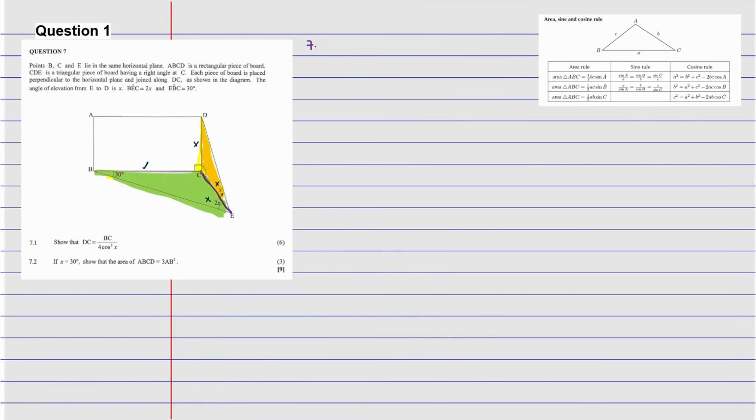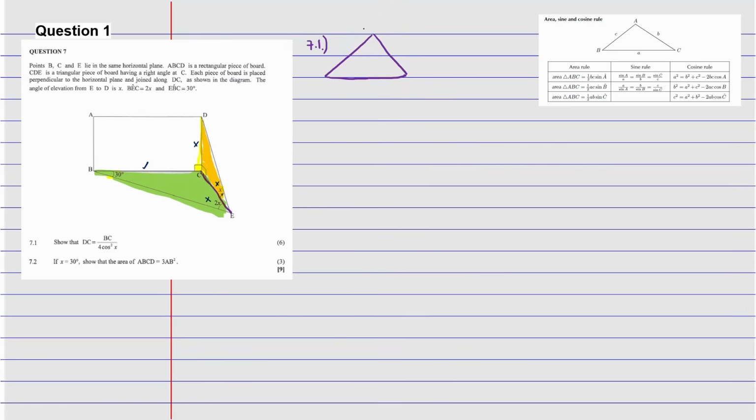So for 7.1, as I said, we're going to use the green triangle because it has the most information. From there, we're going to relate it to this orange triangle because the length that we want is from the orange triangle. I hope that makes sense. But now, I'm just going to take out this green triangle and analyze it in terms of the information they gave us.